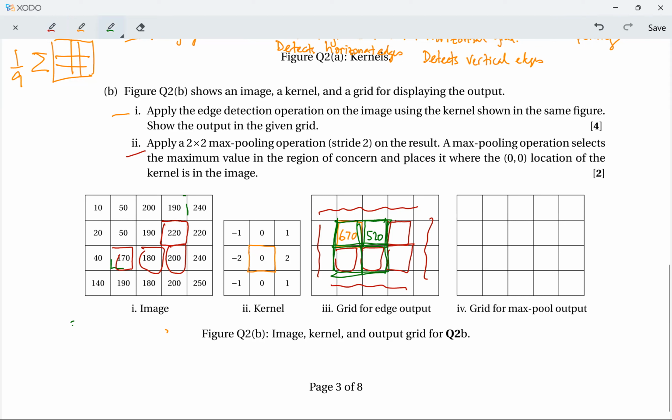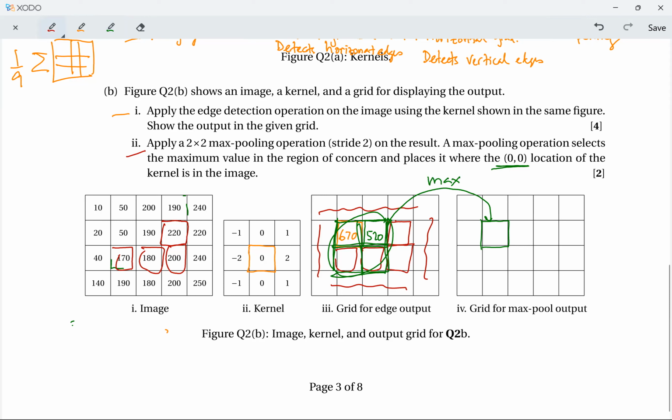So let's consider this as the 0, 0 location, that's where the value resides. So take the maximum value out of all these entries. I cannot do it right now because I did not put all these values. Get the maximum value and put it there.